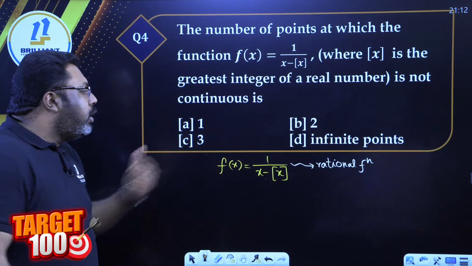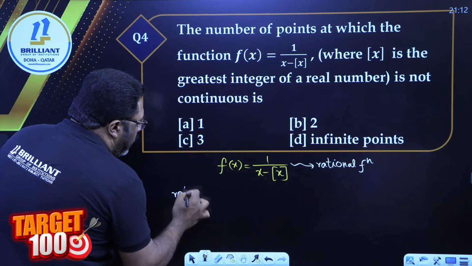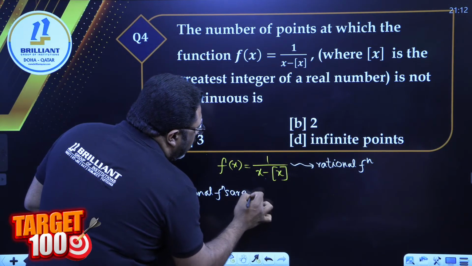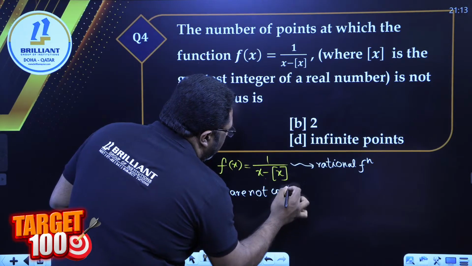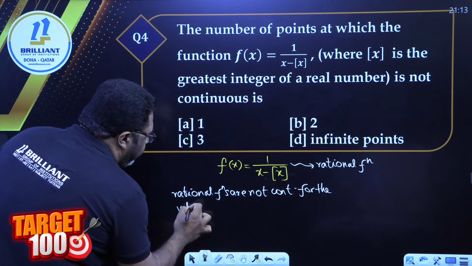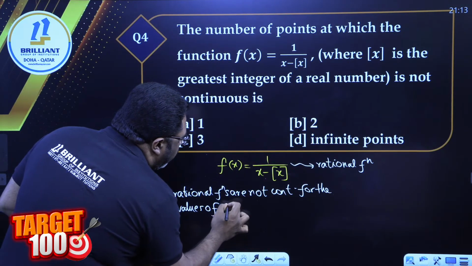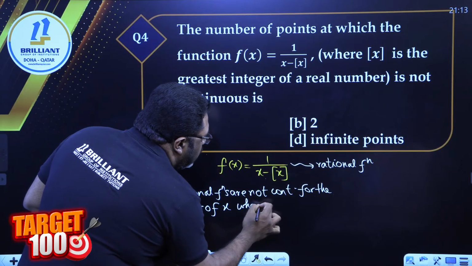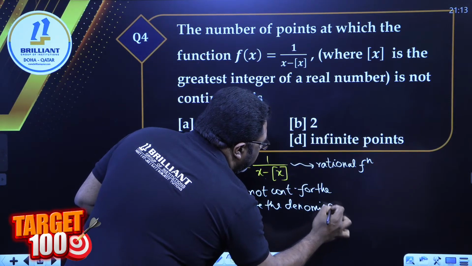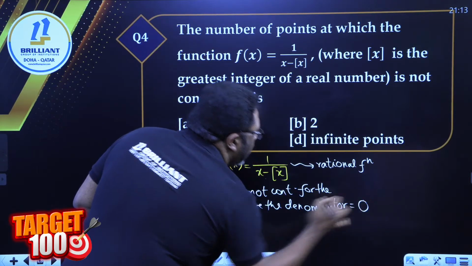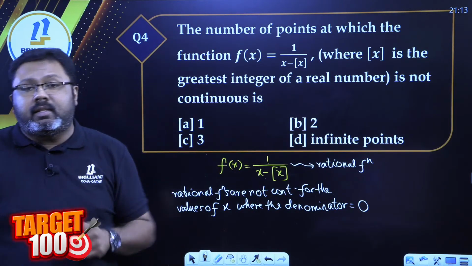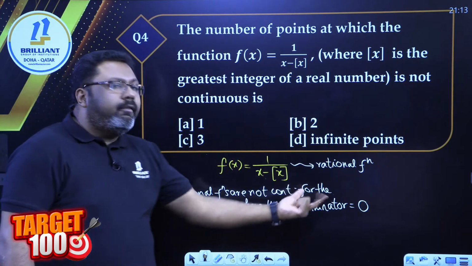Rational functions are not continuous for the values of x where the denominator equals 0. If the denominator of a rational function becomes 0, it is not continuous at that value of x.